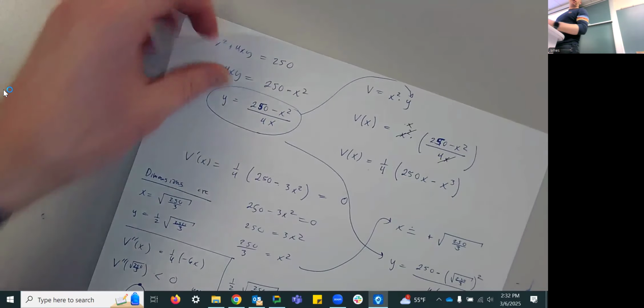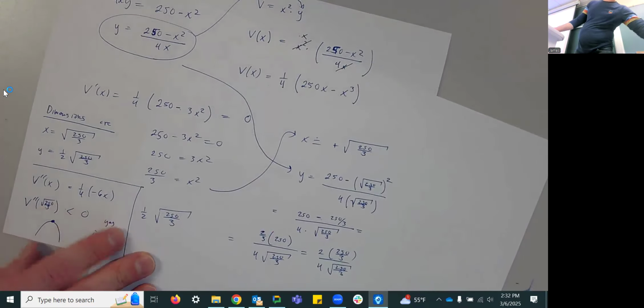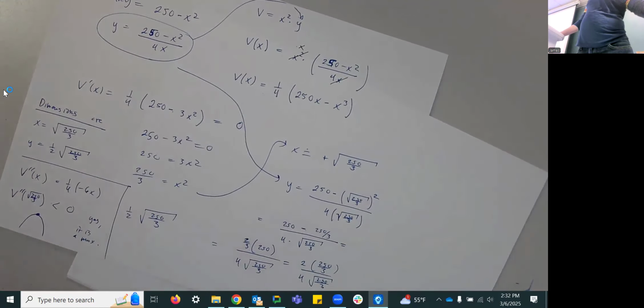I think one question. How did these become 1/2 of just the thing, or did I copy it wrong? No, you were right. Because 2 divided by 4 is what? 1/2. Let me ask you a question. What's the square root of 9? 3. What's 9 divided by the square root of 9? 9/3, which is 3.